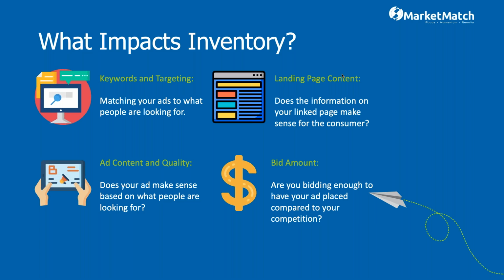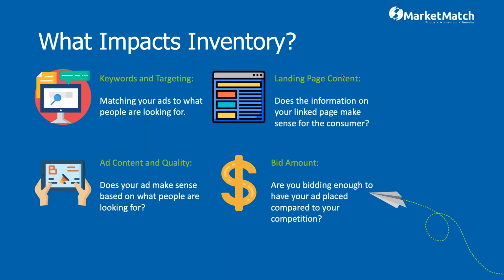The next piece that impacts ad inventory is your landing page content. So when you provide that click-through link to the advertising platform, they're going to have their bots go out there and scan the page that you've brought into this ad that you're posting. And they are going to make sure that the content on that landing page matches up with the content in your ad that's matching up with the keywords and the targeting that you've placed in front of someone.